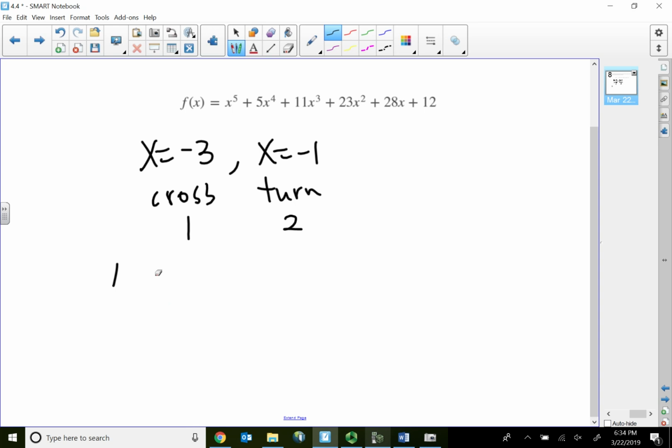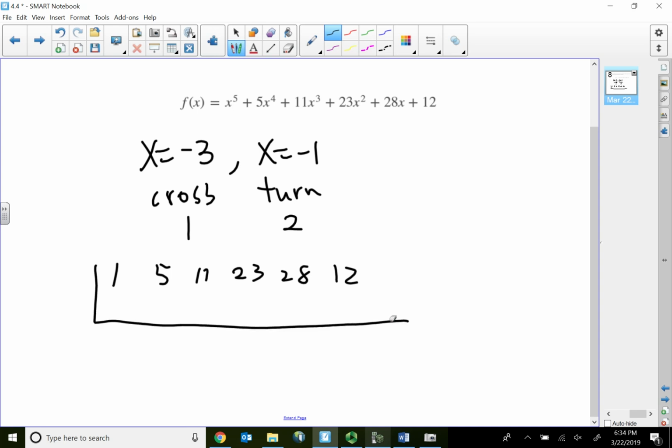So let's write this out: 1, 5, 11, 23, 28, 12. All right, let's see what we got. I'm going to start with -1 twice. Bring down the 1. That will be -1. That's a 4. This is a -4. 11 plus -4 is 7. That's a -7.